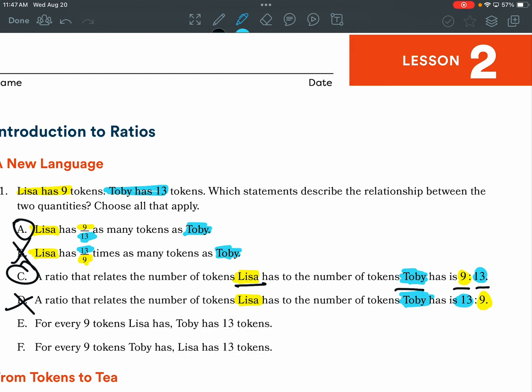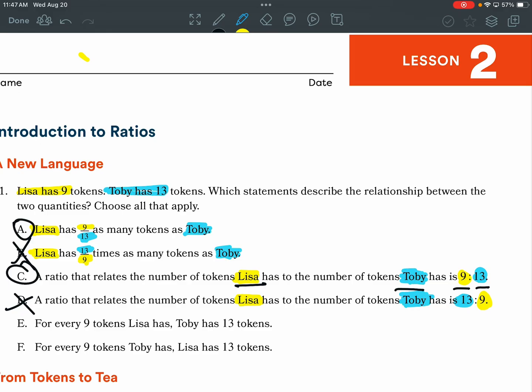Oh, I hate those dots. All right. Are we ready? Okay.